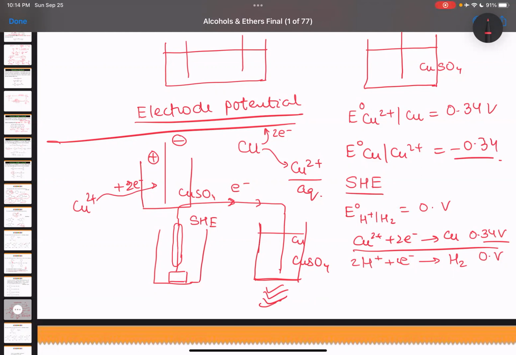Yes, sir. And what about zinc? What's the electrode potential of zinc? It is minus 0.76. It's the reduction potential.